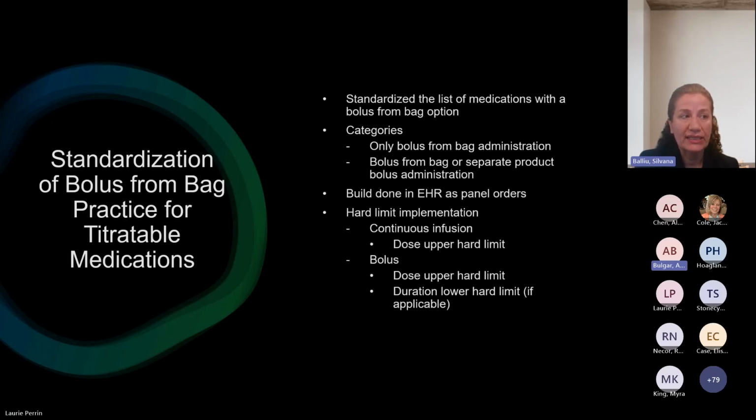So we limit the concurrent administration of the bolus dose with IV fluids only. If there was no other line to administer the bolus from bag medication by itself, then the vial and separate practice was the only option to administer the bolus dose.